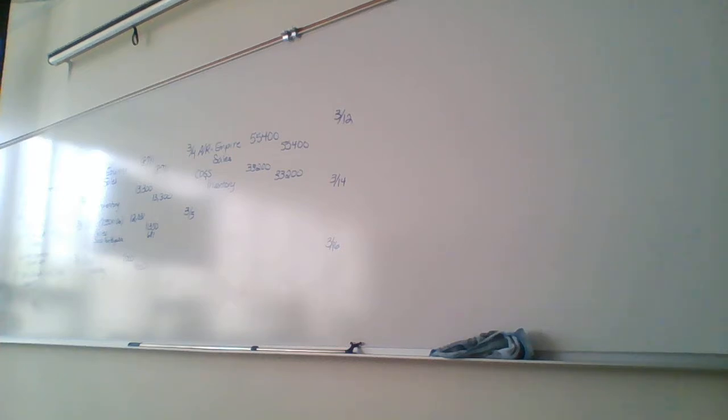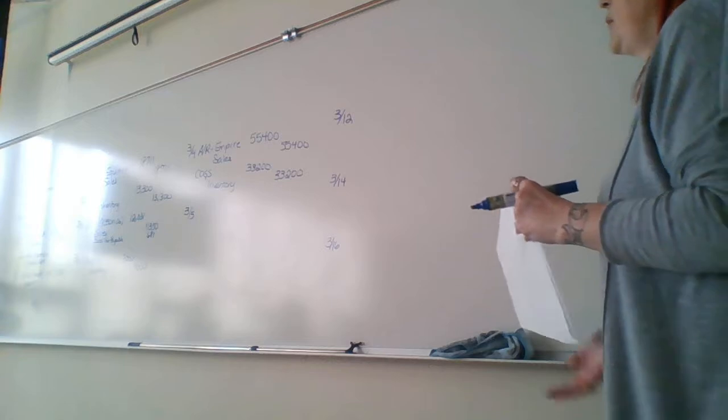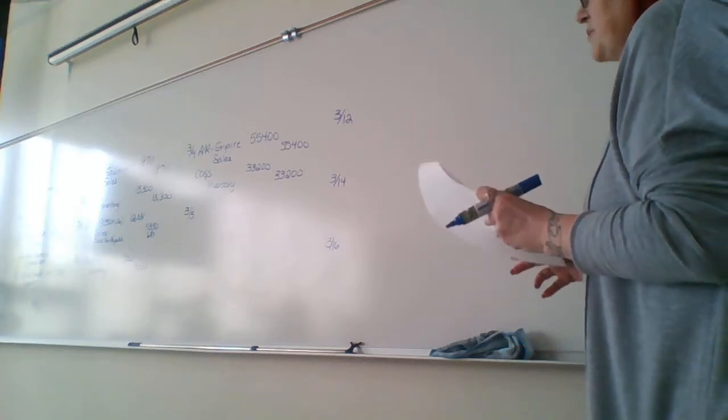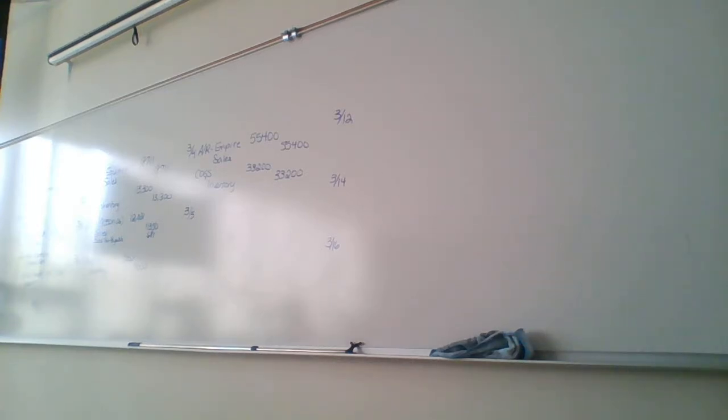And then sales is for 30,000. Cost of goods sold was 19,000.